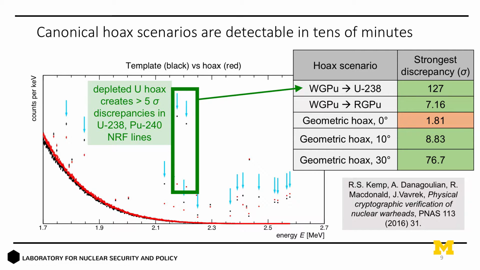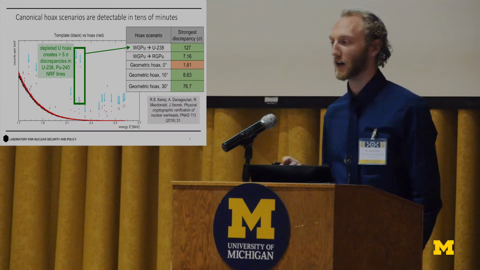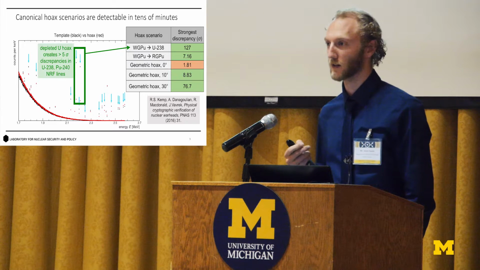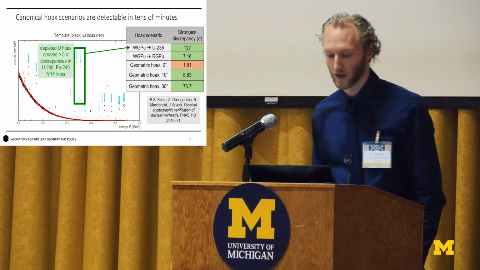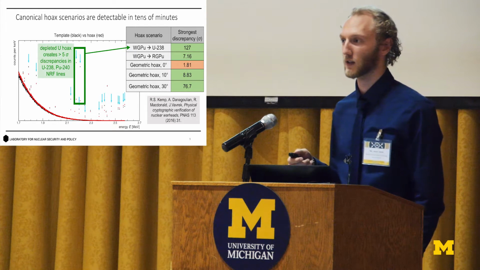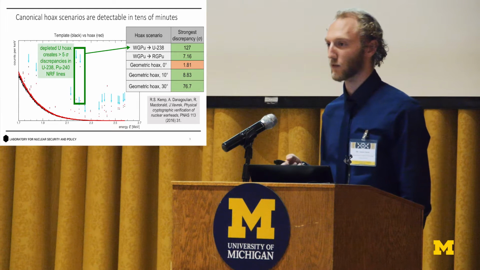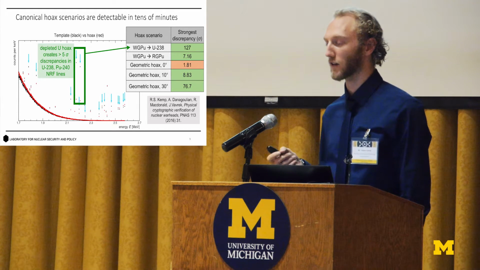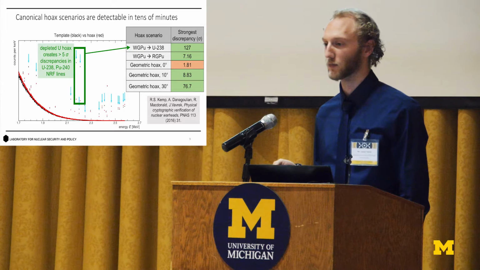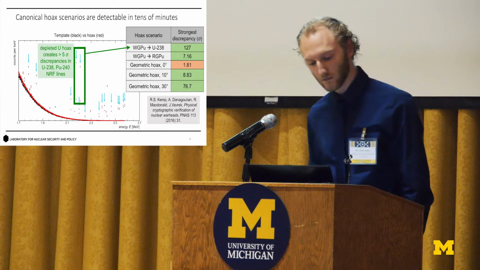That's interesting. But the whole point of it is that if you were to look at the proper graph, the black curve shows the NRF spectrum for the authentic Black Sea type warhead, and the red curve shows the NRF spectrum when we remove the valuable weapons-grade plutonium and replace it with depleted uranium.